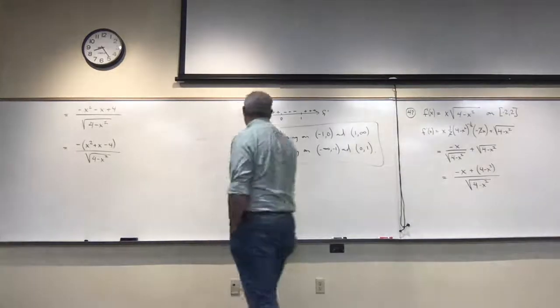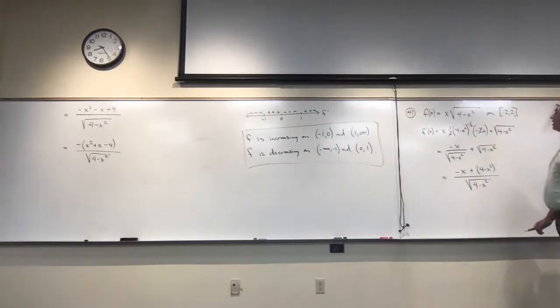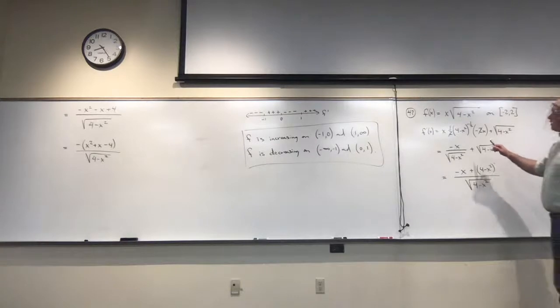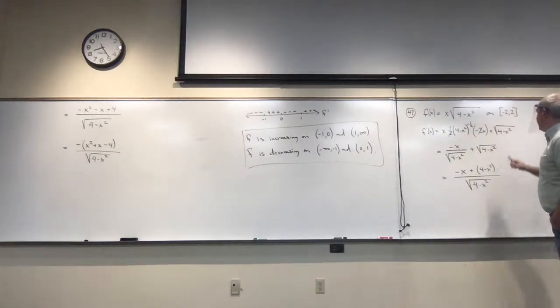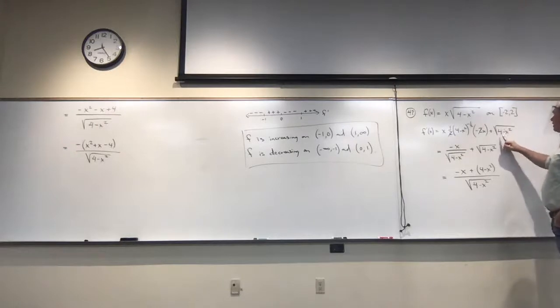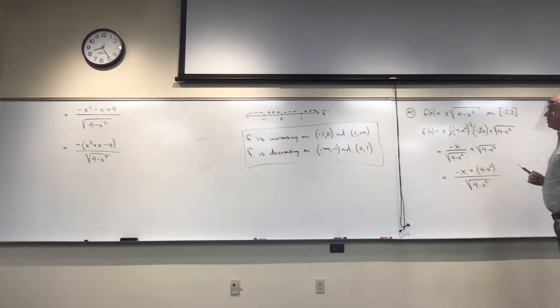It almost makes me wonder, did I do something wrong? I just want to make sure that I didn't do any of my math wrong here. So I had a negative x on top here, and then when this is done, I get 4 minus x squared. Yeah, everything looks good to me.